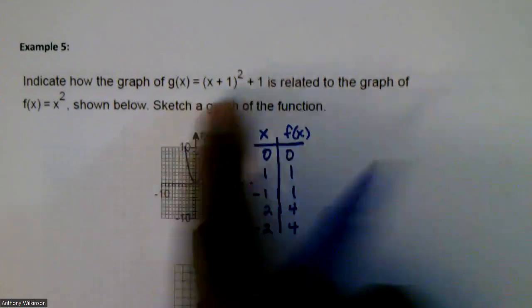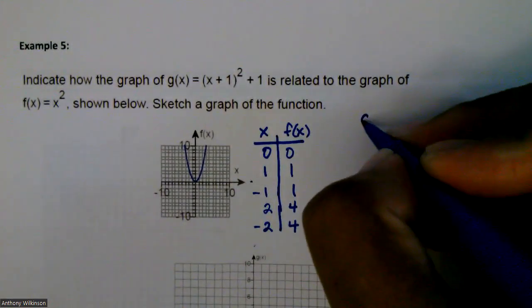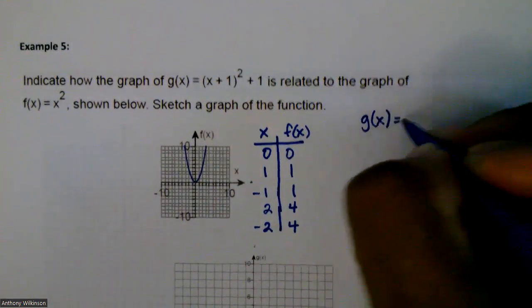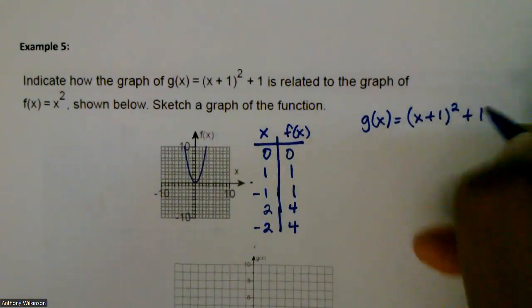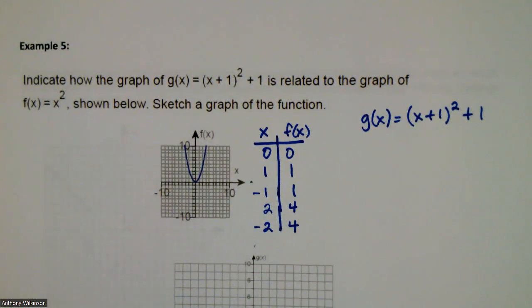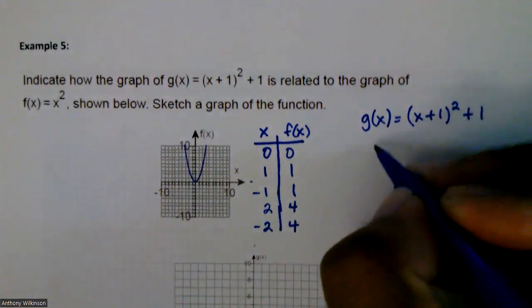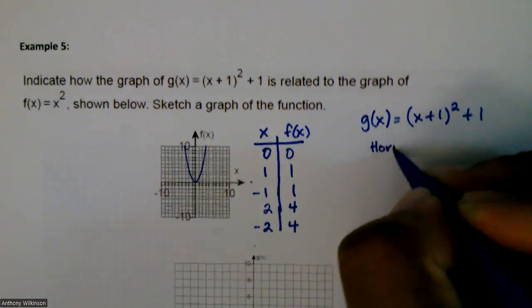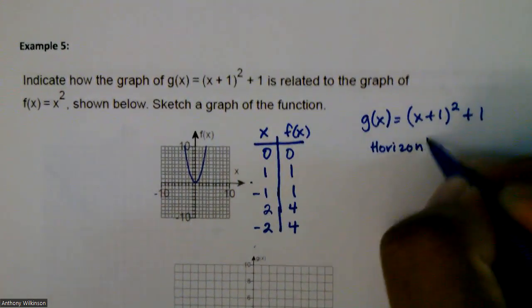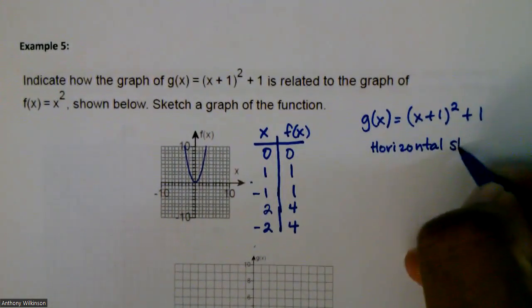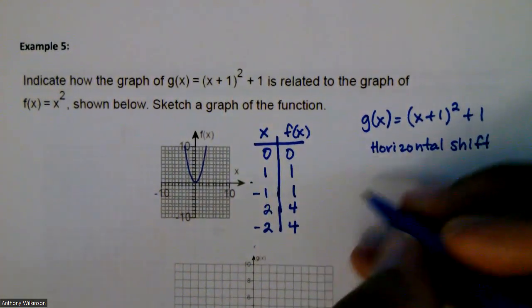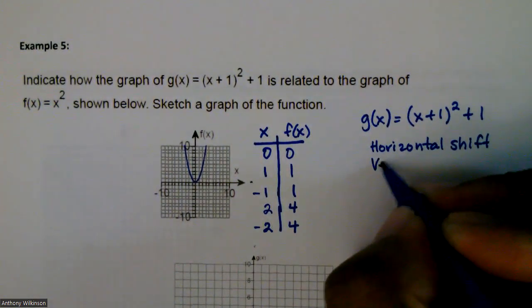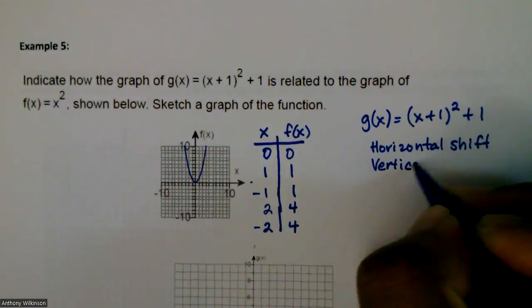Now we're shifting. Now here we got g of x is equal to x plus 1 quantity squared plus 1. Notice the plus 1 on the inside. That tells me I have a horizontal shift. And then I got that plus 1 on the outside of the parentheses. That means I have a vertical shift.